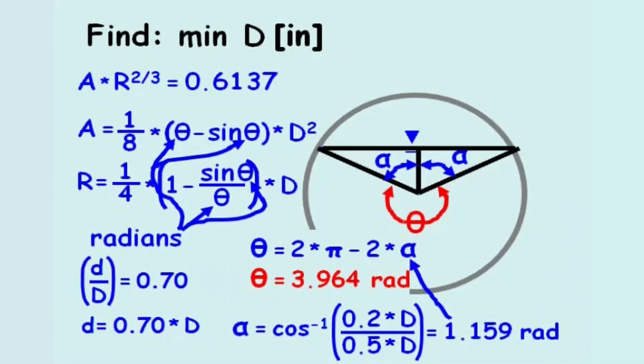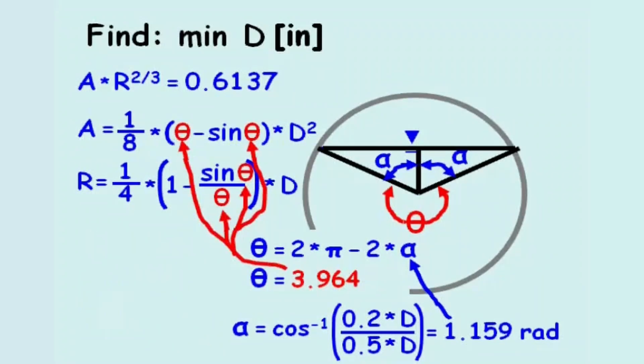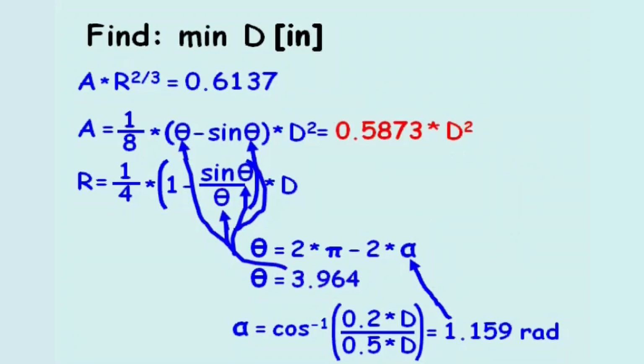This value of theta is next plugged into the equations for area and hydraulic radius. And the area equals 0.5873 times the diameter squared. And the hydraulic radius equals 0.2962 times the diameter.